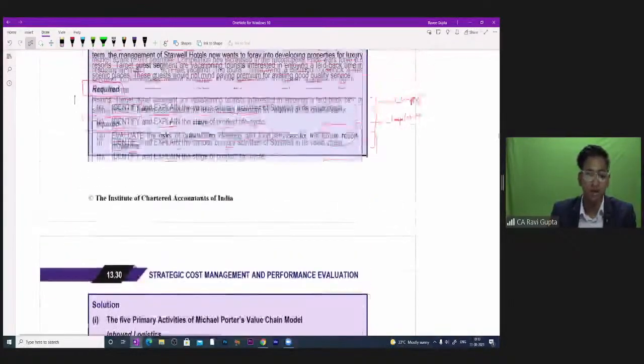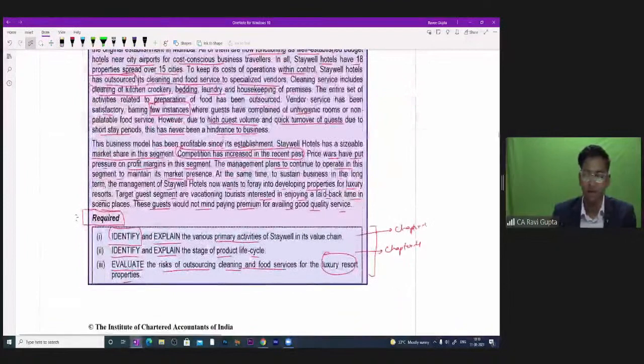So I need to plan my answer. What I can say, the first part should be of 10 marks. The second part should be of 4 marks. And the third part should be of 6 marks.